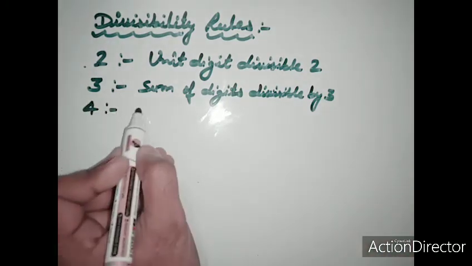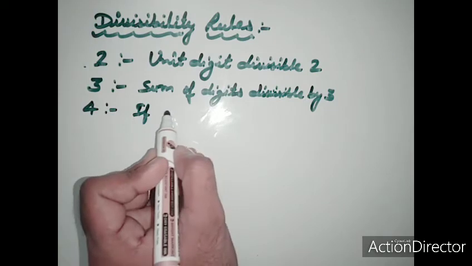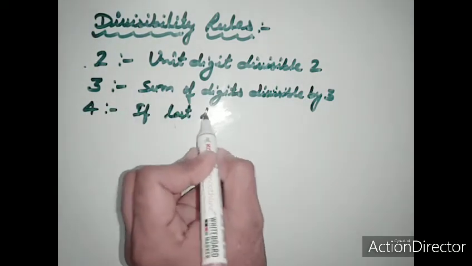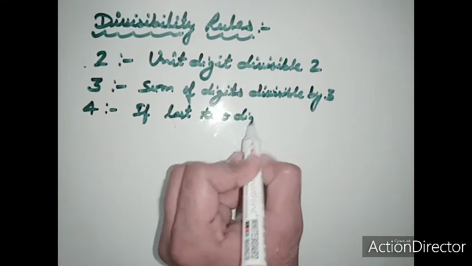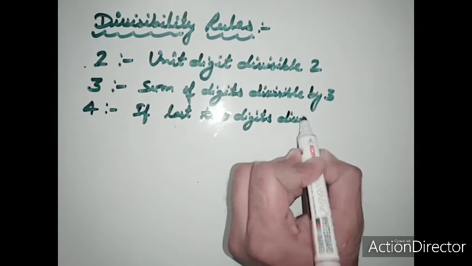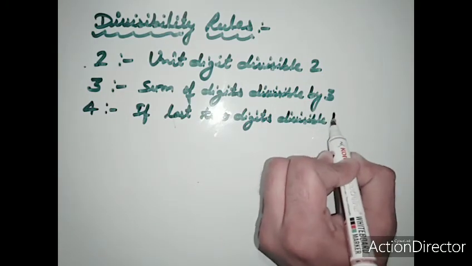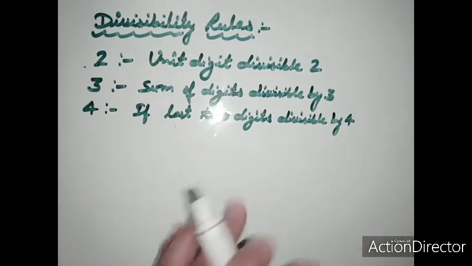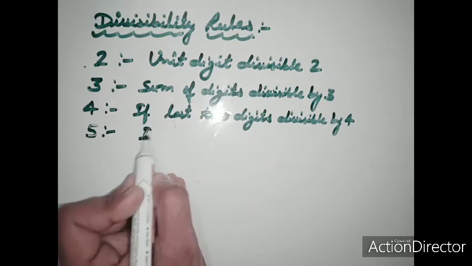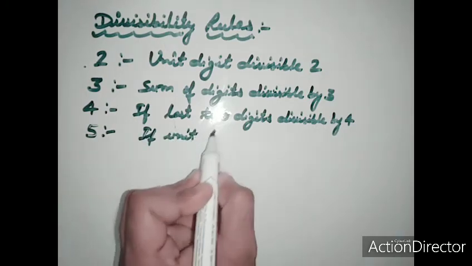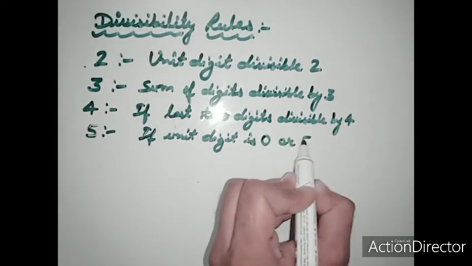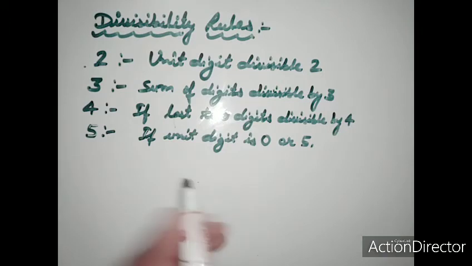Now 4: if the last 2 digits of a given number are divisible by 4, then we say that the whole number is divisible by 4. Now divisibility rule of 5: if the unit digit is 0 or 5, then we say that the whole number is divisible by 5.